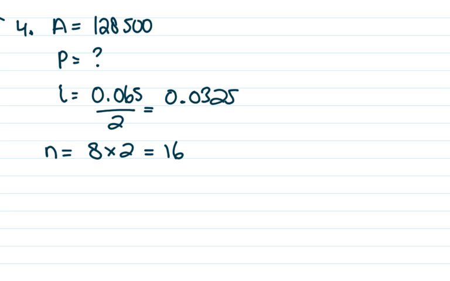So now we're going to use the second equation in the box, because we know A, but we don't know P, so we want it to equal P. So P equals A(1 + i)^(-n). And we'll insert what we know.